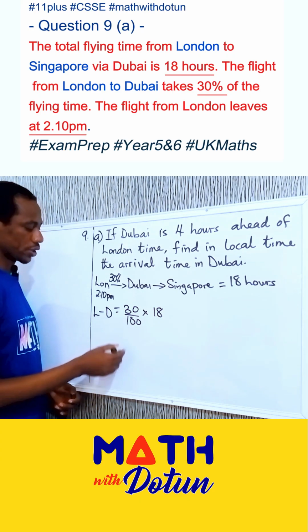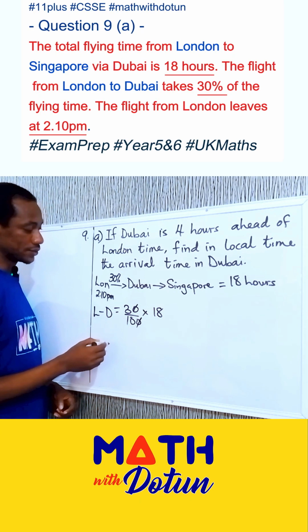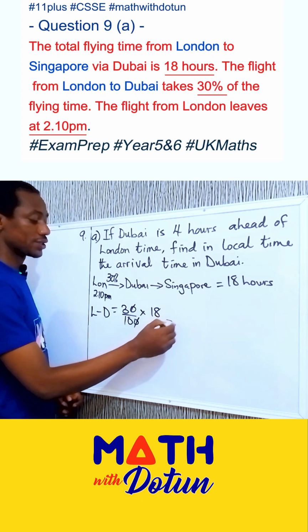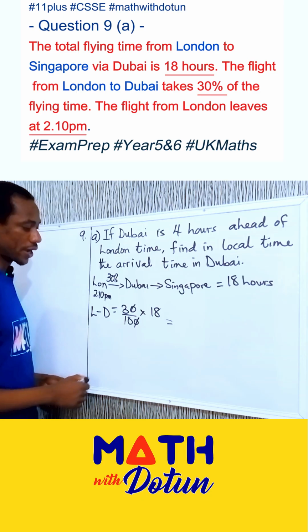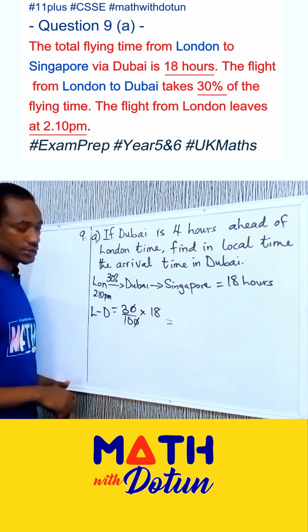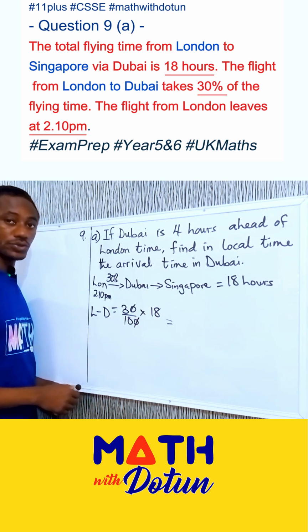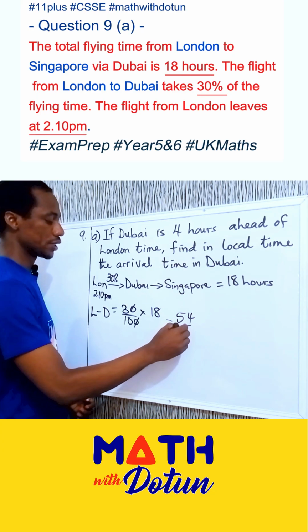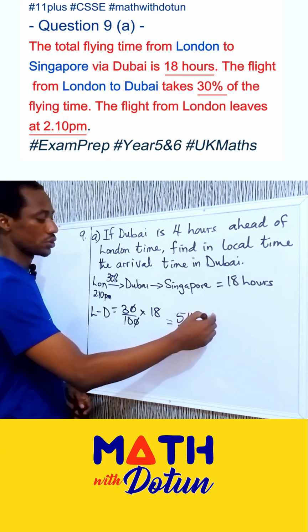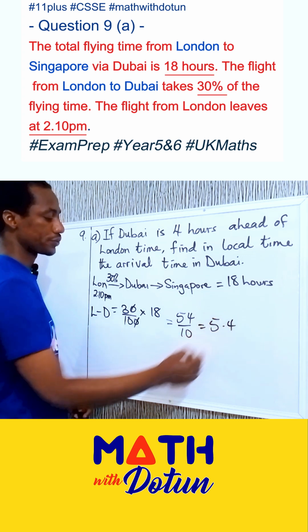So we can divide this by 10. 3 times 18: 3 times 8 is 24, and 3 times 10 is 30. So 30 plus 24, that is 54. And that divided by 10 is 5.4.